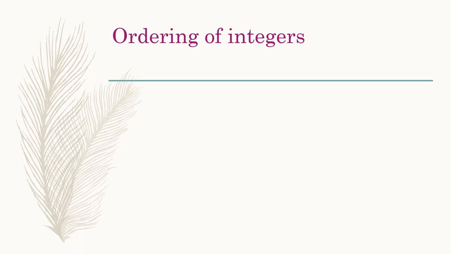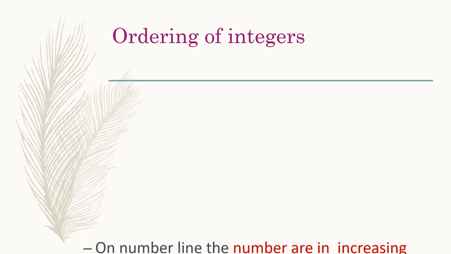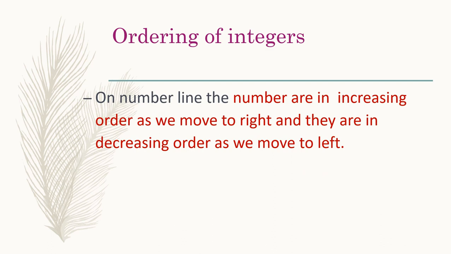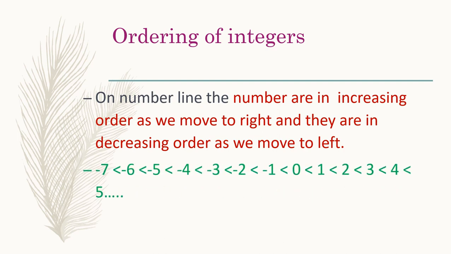Next is ordering of integers. One thing we should always keep in mind while ordering the integers is that on the number line, the numbers are in increasing order as we move to the right, and they are in decreasing order as we move to the left. See, here this is the number line.